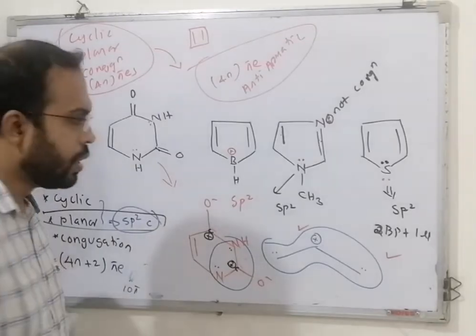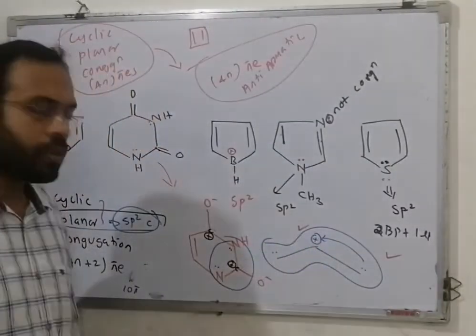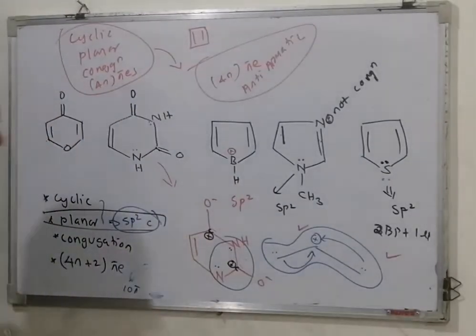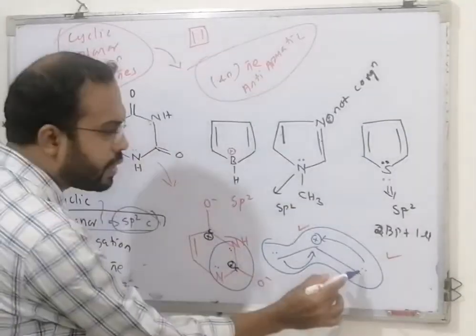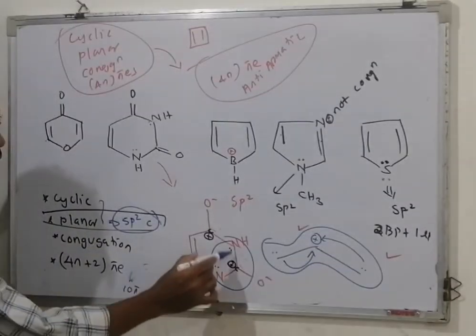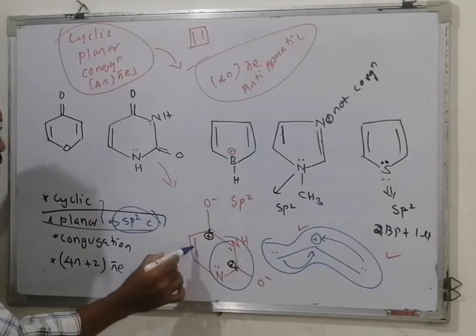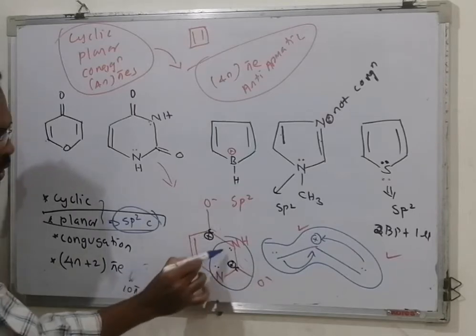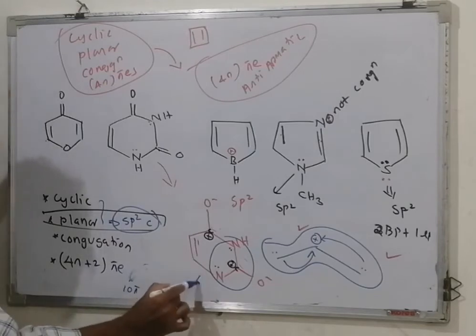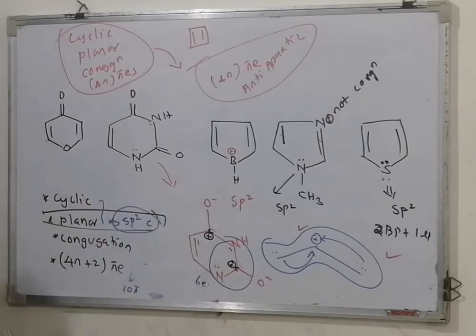Of course, this can come here, or this can come here. When it comes here, the positive charge will be here. When this lone pair comes here, the positive charge will be here. Therefore, movement of electrons is possible. In total how many electrons? 2 electrons here, 2 electrons here, 4. 1 pi bond also 2 electrons. Therefore, it has 6 electrons. Therefore, this is aromatic.